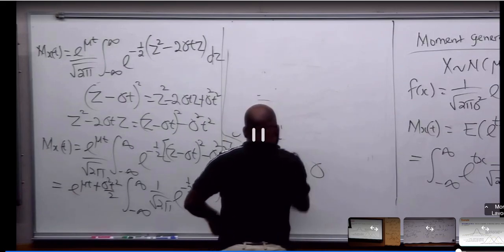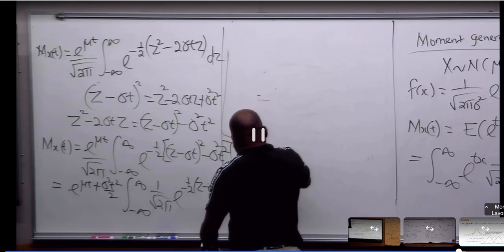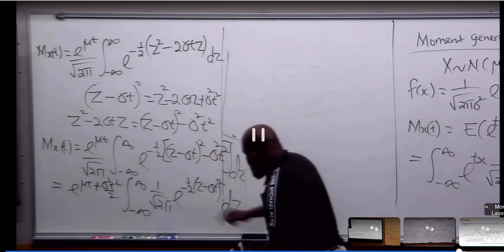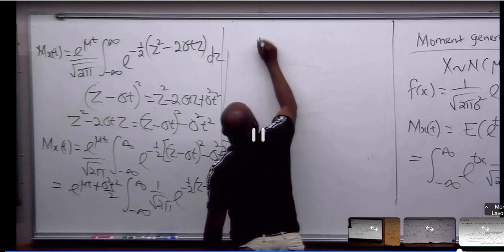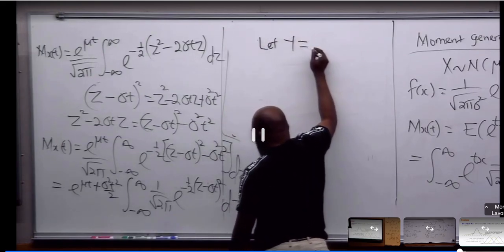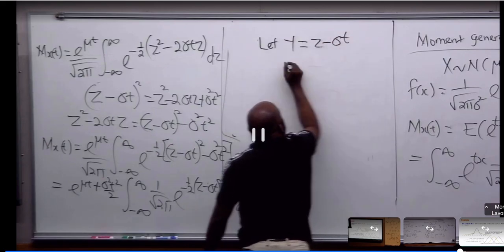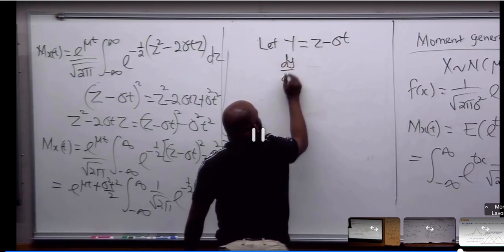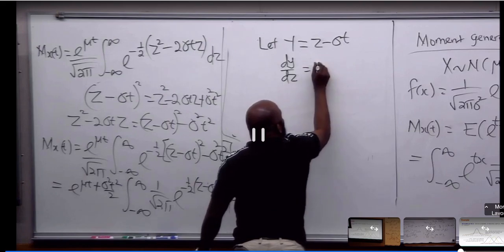So when you take a look at this now, if you let y be z minus sigma t, then dy equals dz.